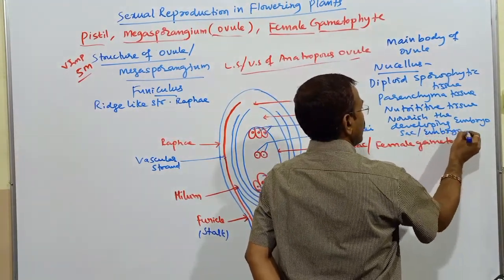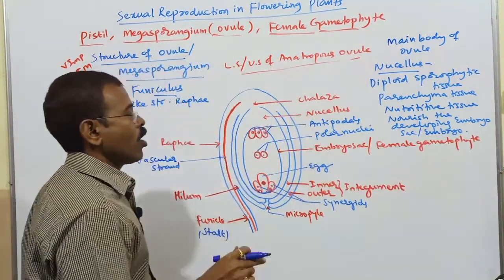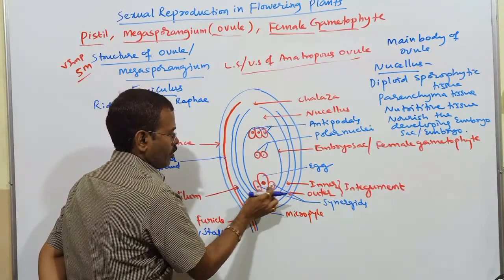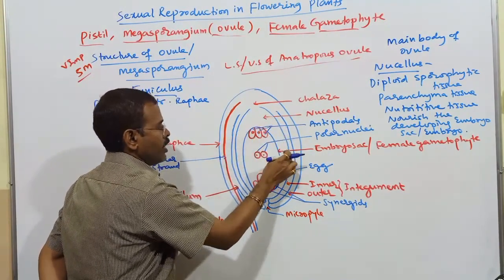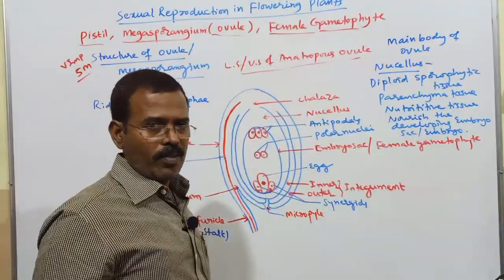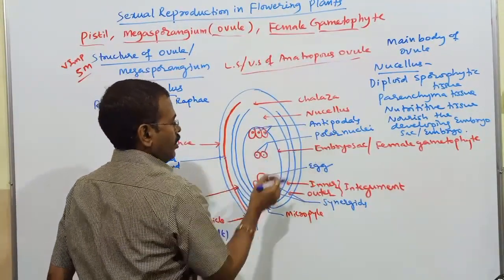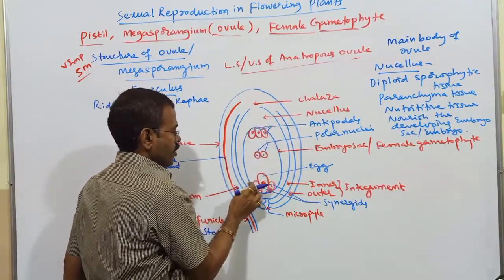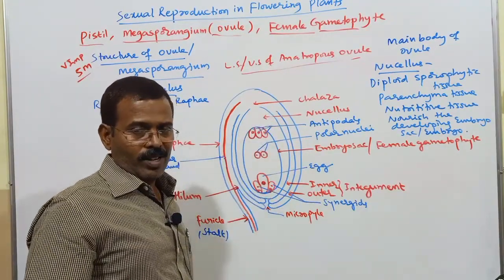So it plays a very important role. See, this complete tissue which forms the bulk portion of the ovule, the main body of the ovule, that we call nucellus.